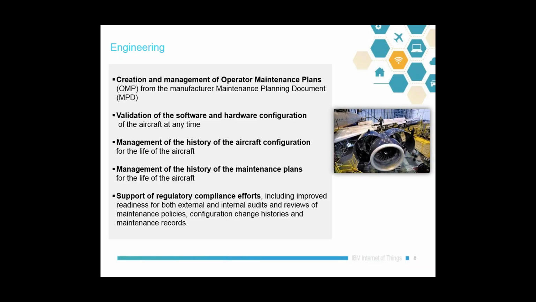OMP and MPD are things that come out of the aviation industry. But if you step back on it, they're based off of an extension of capabilities like PMs and work plans and work orders. So a lot of this is steeped off of core Maximo capabilities.